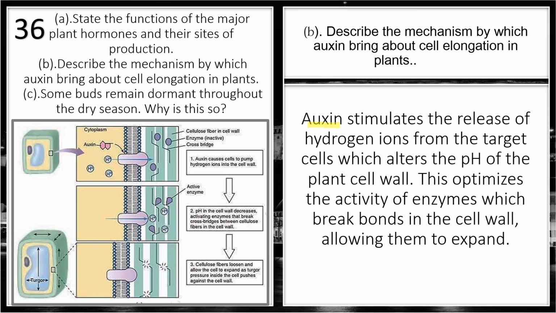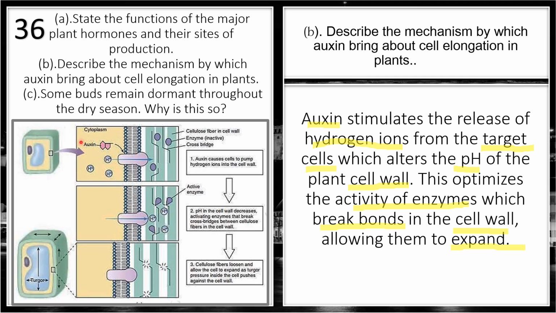The auxin stimulates the release of hydrogen ions from the target cells, which alters the pH of the plant cell wall. This optimizes the activity of the enzymes which break the bonds in the cell wall, allowing it to expand.